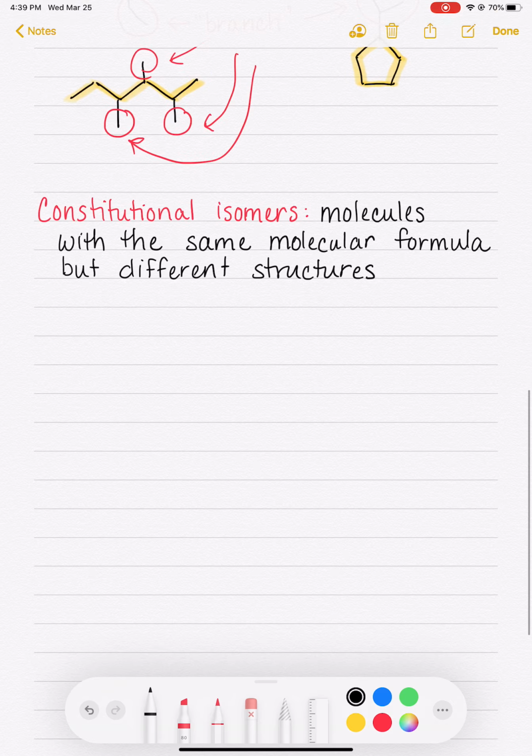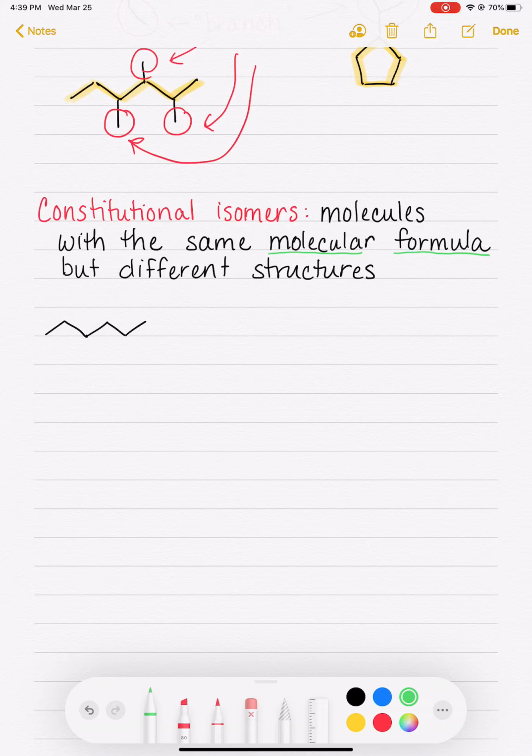So this is kind of a tricky concept. We're going to look at quite a few examples. So let's start with this molecule right here. In order to identify the constitutional isomer relationship, you have to be good at counting up the carbon atoms and counting up the hydrogen atoms in a line structure, because you need to be able to find the molecular formula of the molecule.